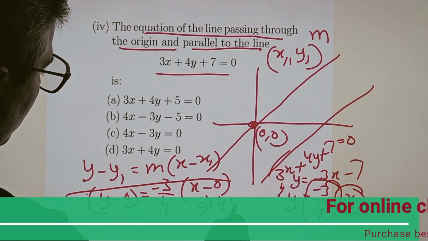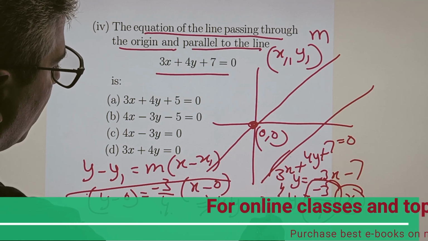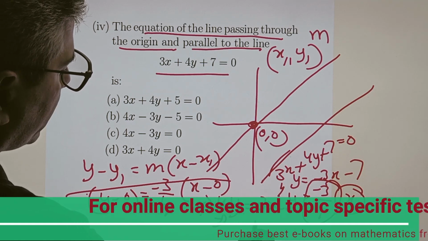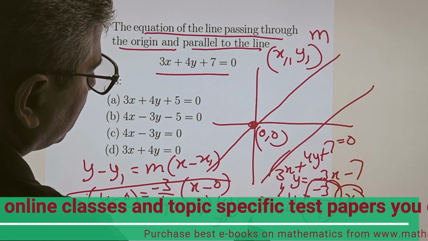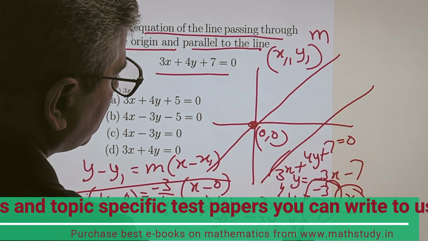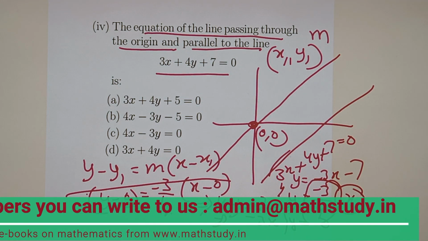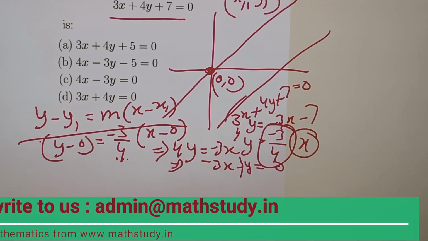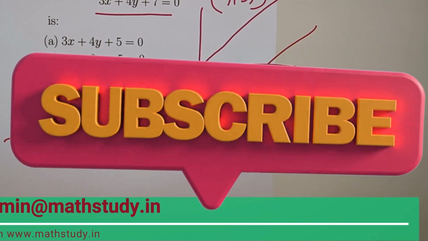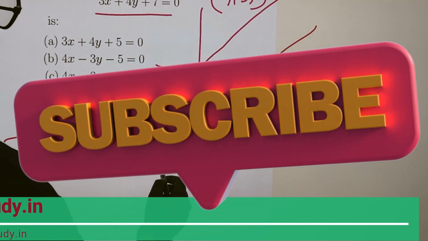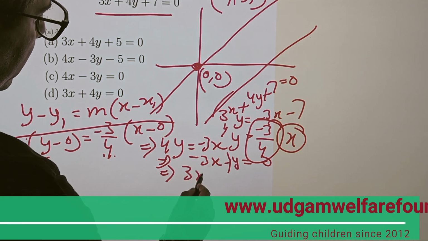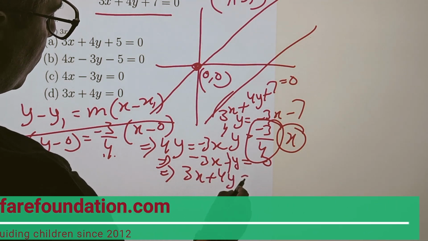So this implies 4y is equal to minus 3x only, or we can say minus 3x minus 4y is equal to 0. Okay, minus 3x minus 4y equal to 0 here. And we can simply change the signs. 3x plus 4y is equal to 0.